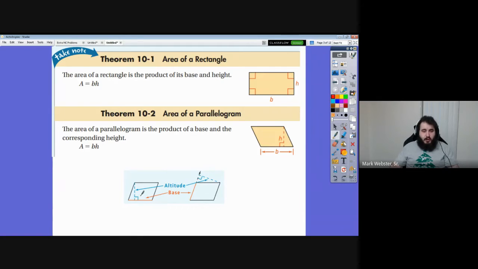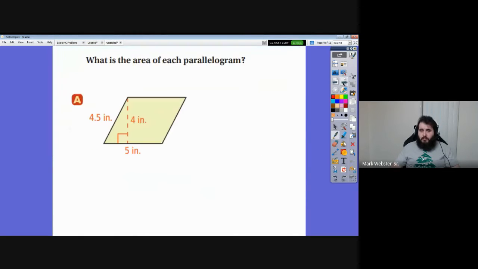So make sure that you're looking for that right angle here or here so that you have the correct measurements. If you don't use the correct measurements, it won't be right. And I'm telling you this right now because there's going to be problems where on purpose, I give you a bunch of extra information. You're just going to have to figure it out.